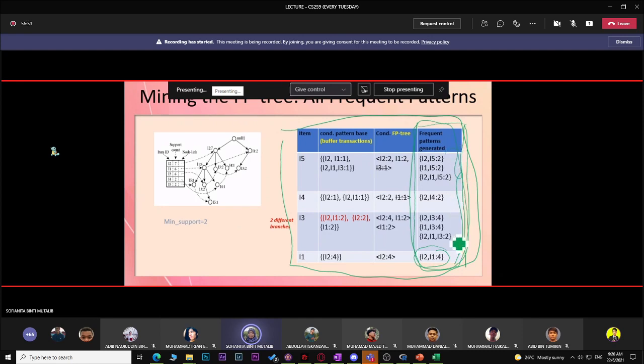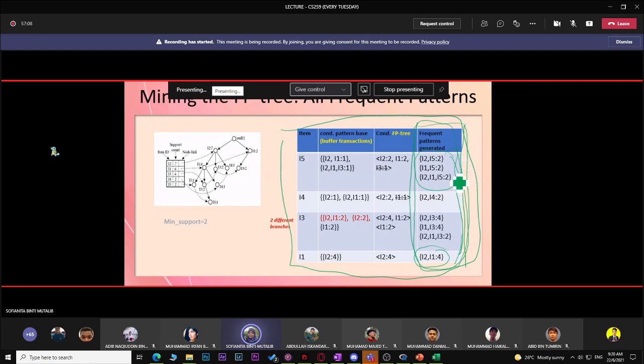So here, if you look at it in any suffix or in any items that we investigate, we do not limit the study to K, for example, equal to 2, K equal to 3.